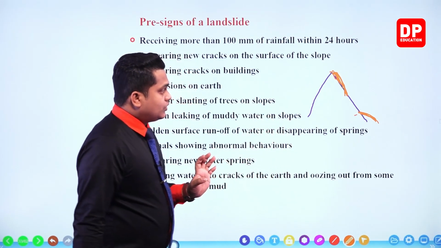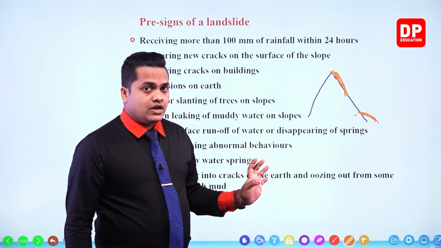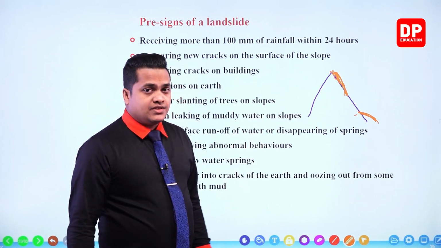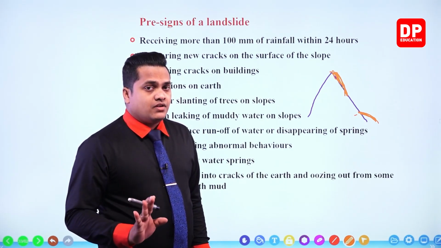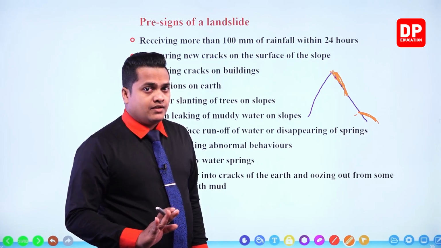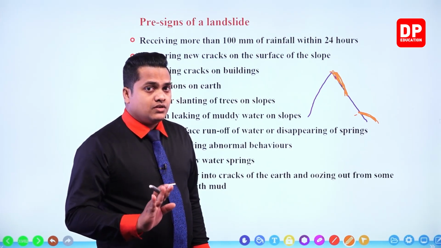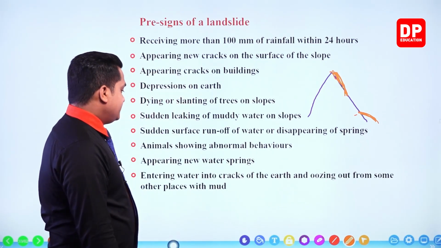So in a particular hill country area, if you can observe this kind of an incident, right, try to find a safer place. Don't be there, because it may lead to a landslide in the near future. Okay, right.